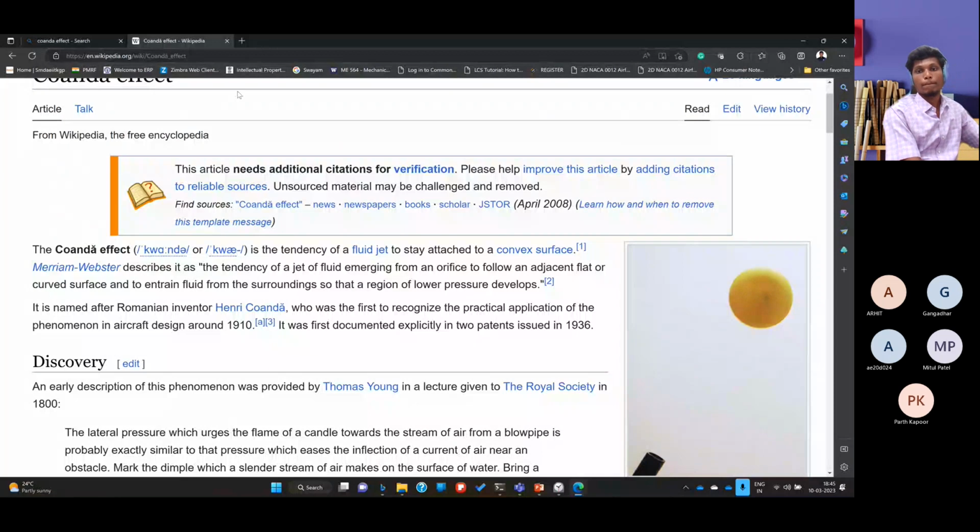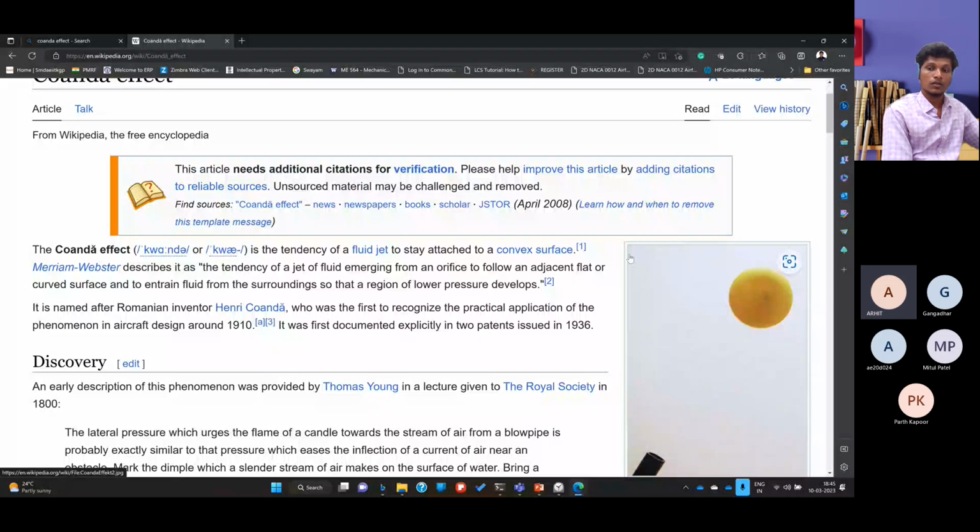Yes, sir. If we want to connect this Coanda effect, we can easily see the application in the case of airfoils. Hello, can you hear me, Arhit?